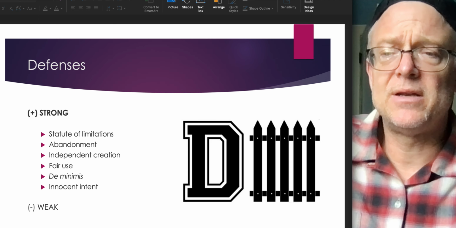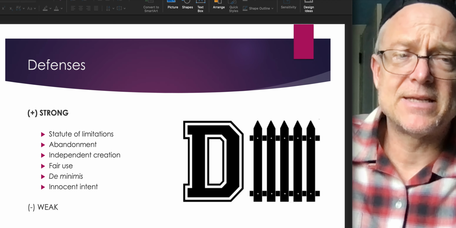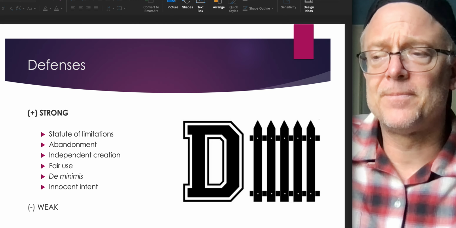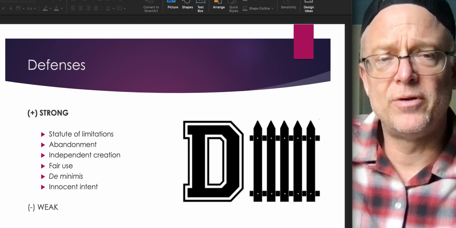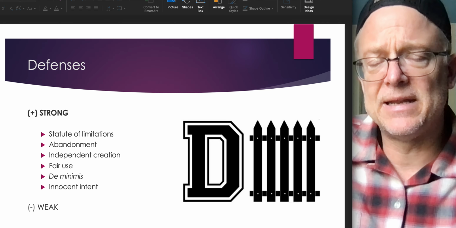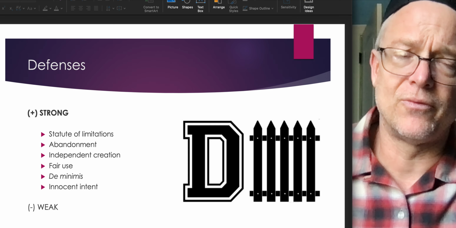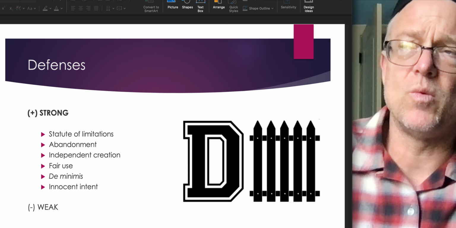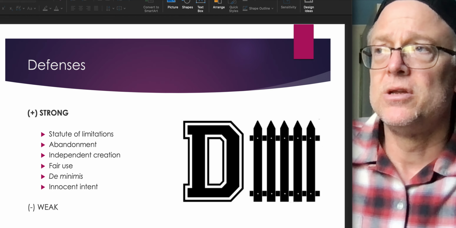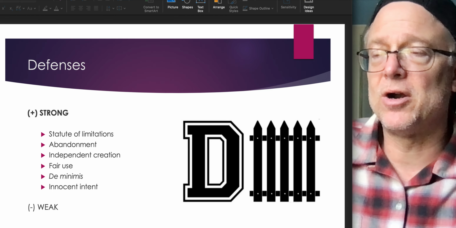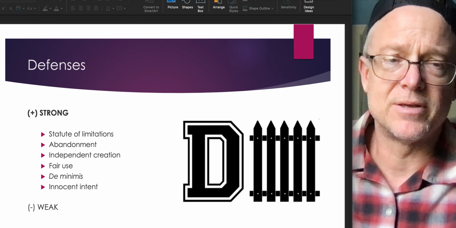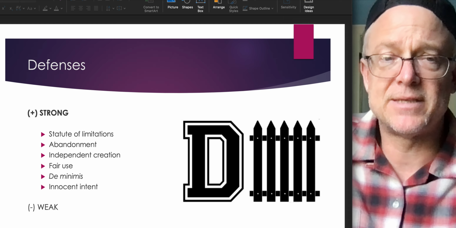Independent creation is a claim, and so that has to be built up circumstantially. Fair use also has to be proven. And de minimis and innocent intent are really to the point where, de minimis is like using the old 3-bar rule, where I didn't borrow more than 3 bars from this song, and therefore I'm innocent of infringement.